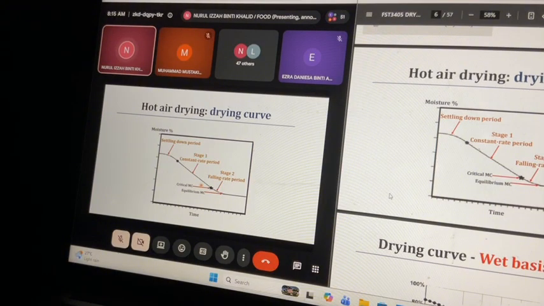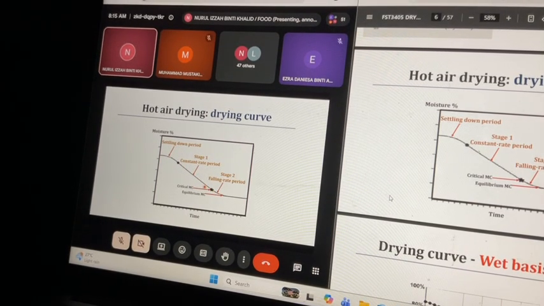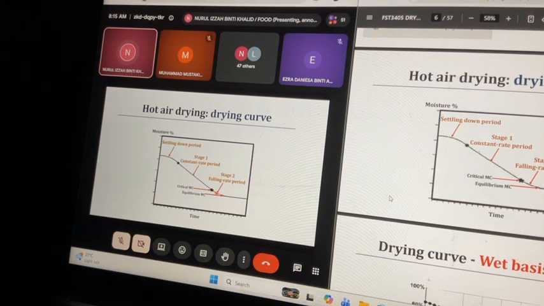The point where it changes from constant rate to falling rate, we call the critical moisture content. And then it will remove the remaining water from the surface through the evaporation process.